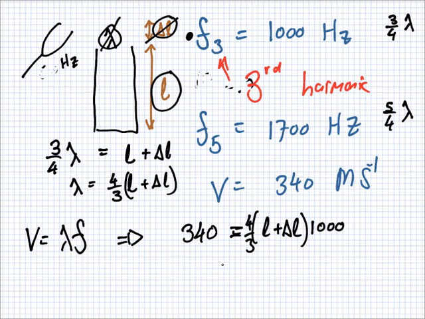If I repeat this, I will get the next time 340 equals 4/5 L plus delta L, with 1700.